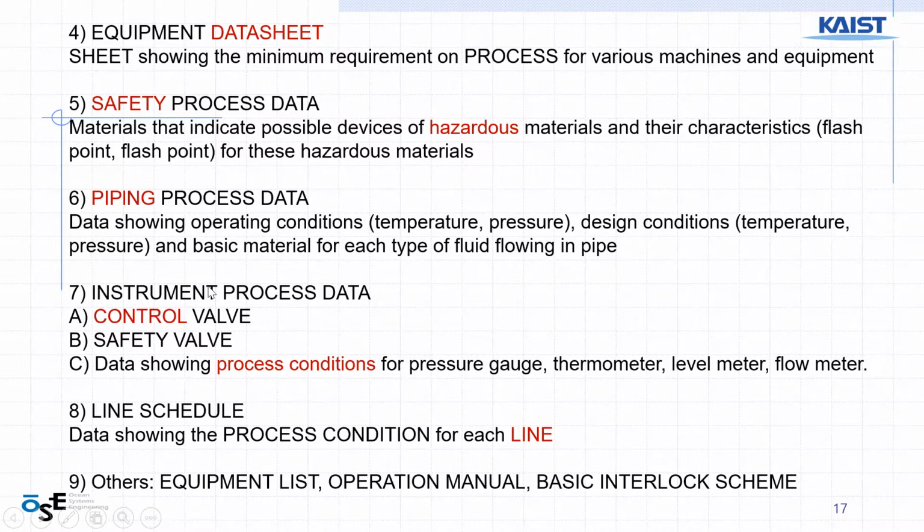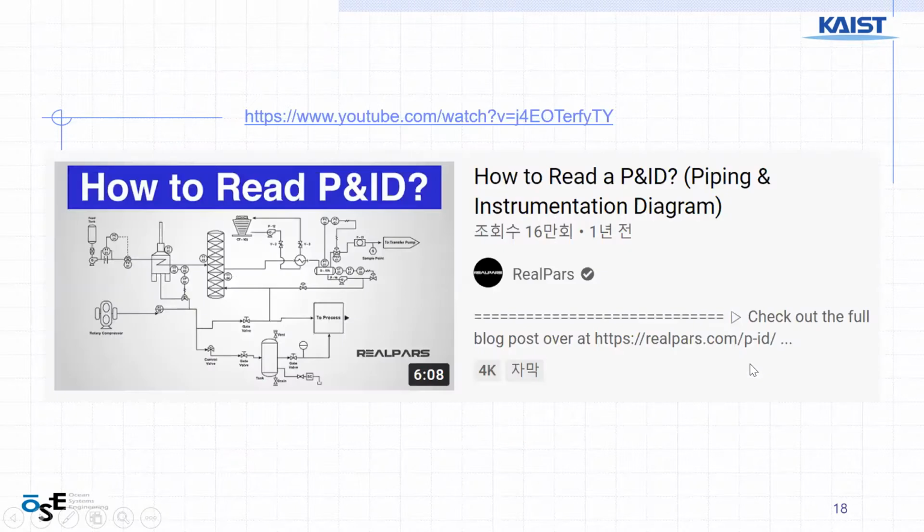So it is electrical process data, and line scheduling is also important. So it comes with the equipment list, operational manual, and interlock scheme. So let's see how we can read the P&ID. Okay. So it's some example.